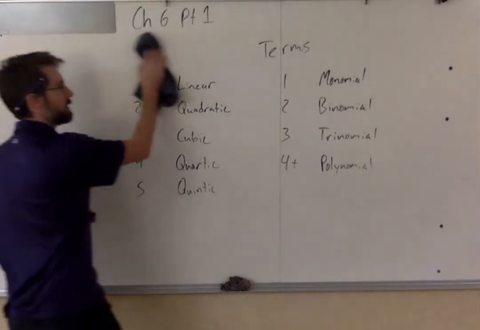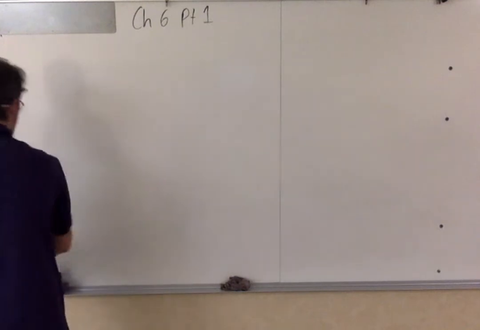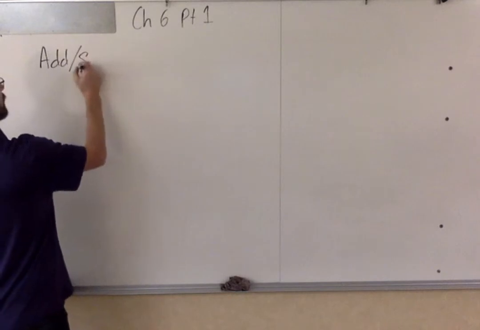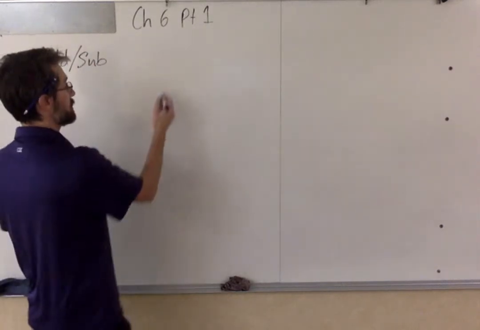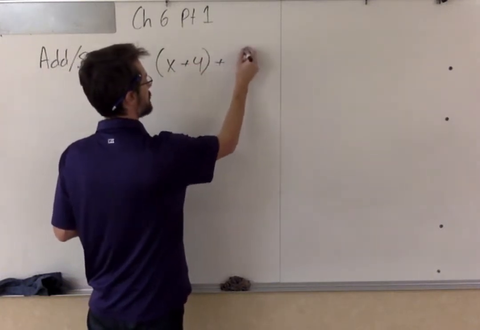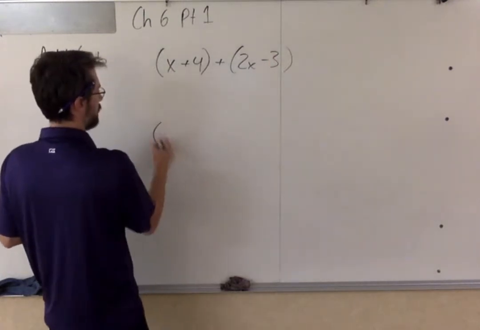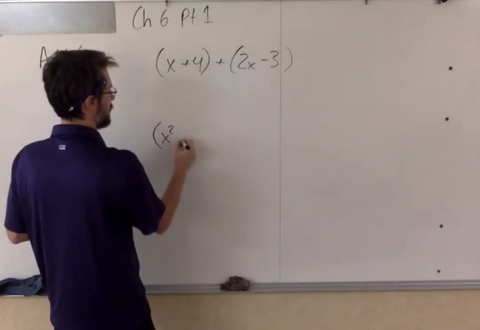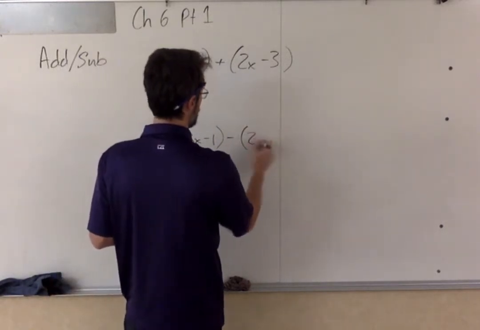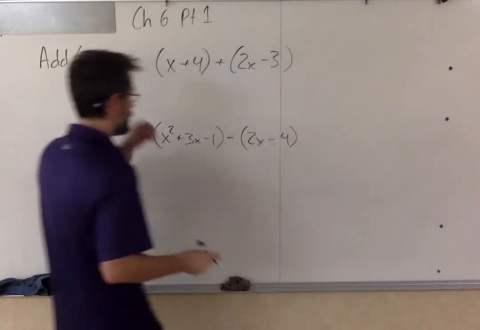All right, the second thing that we did was adding and subtracting. Now I'm just going to do some really quick little examples. So adding and subtracting polynomials. So if it were something like x plus 4 plus 2x minus 3, or if it was, let's say, x squared plus 3x minus 1, and we're going to subtract 2x plus 4, something like that, or maybe 2x minus 4, whatever.